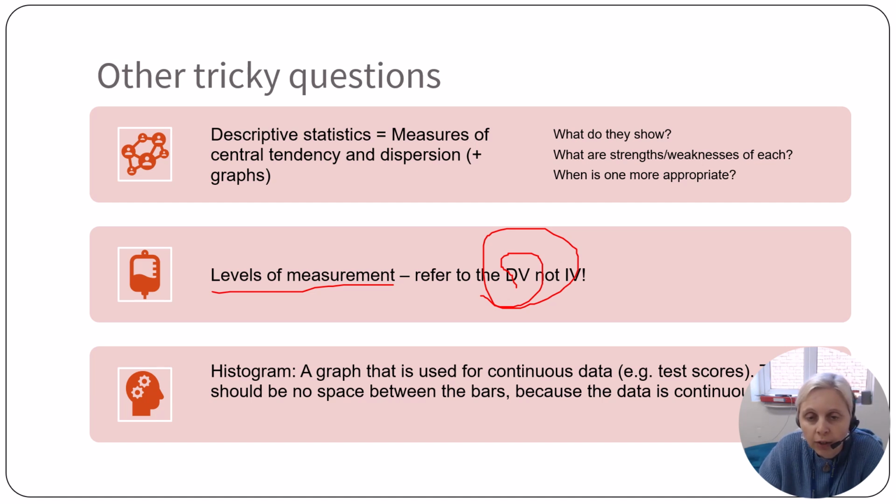If it's a correlation, you've got two covariables and you choose the weakest level of measurement. So if one is interval and one is ordinal, then you would choose the test for ordinal data. And last thing, if they ask you why you would use a histogram, remember that you refer to continuous data.